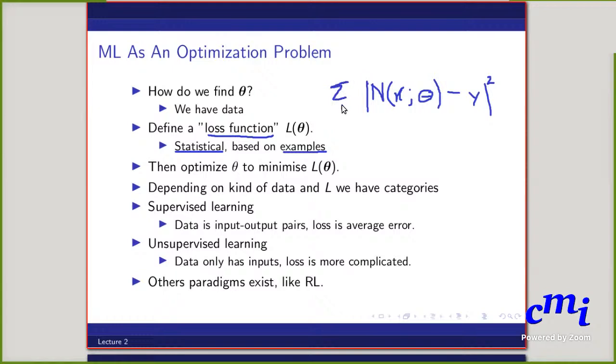So this can be a sum over all of the examples, where these Xi's and Yi's are basically our examples of data.